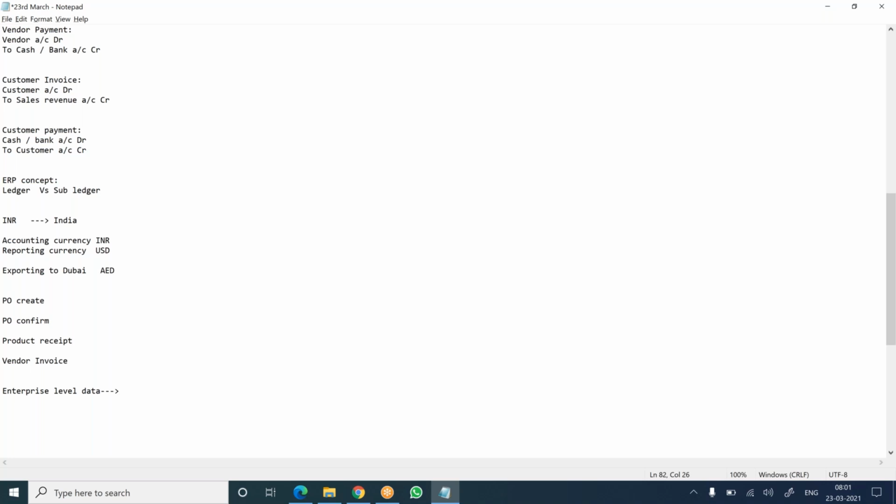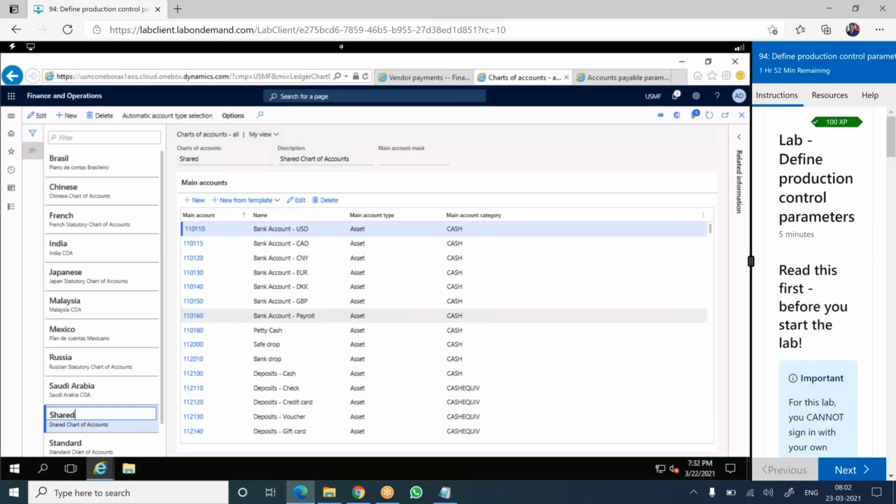Enterprise level data or cross company data is one of the topics I need to explain. It is too early to answer this question. Reusability of master data is enterprise level data. If you understand that concept, then you can understand we can use the same set of chart of accounts for multiple legal entities.